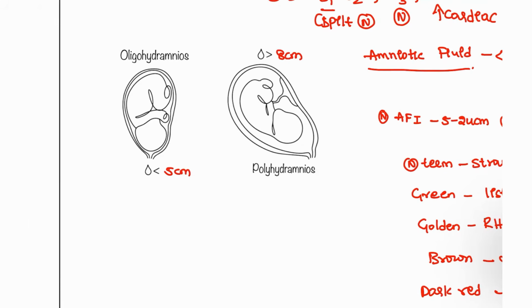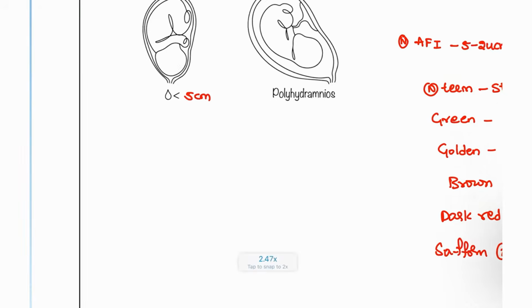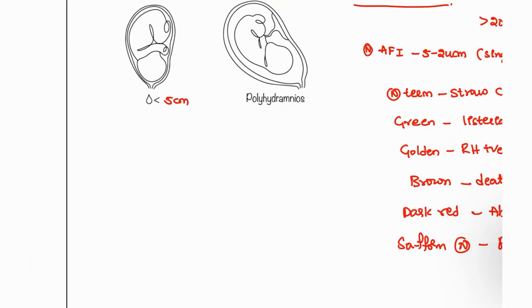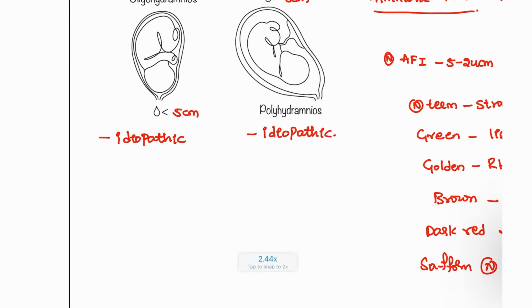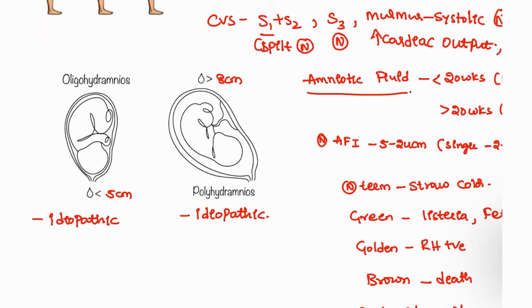Next, what are the important things that you have to take note of? What are the causes for this? The most common cause for oligohydramnios is idiopathic. Similarly, polyhydramnios is also most commonly idiopathic. But when severe oligohydramnios is seen in these patients, what is the important factor?